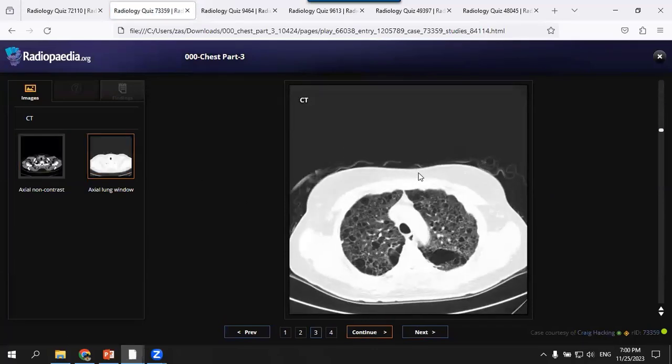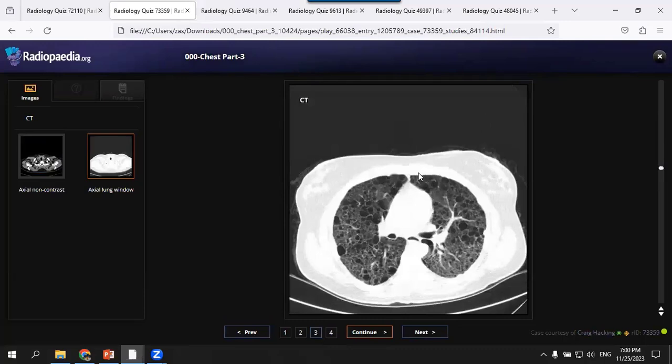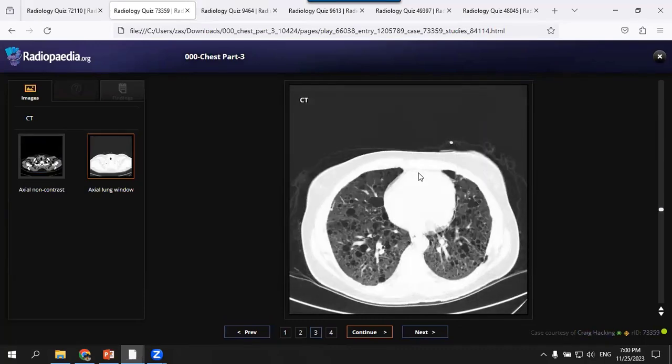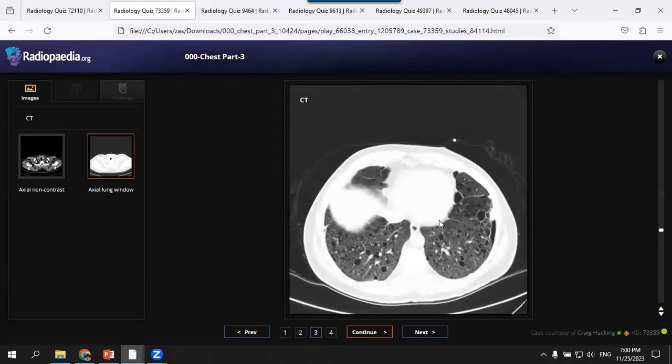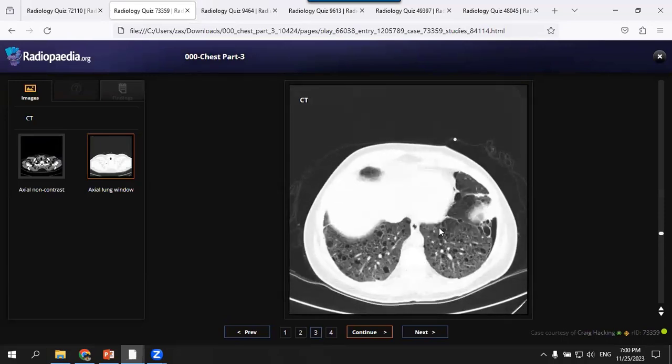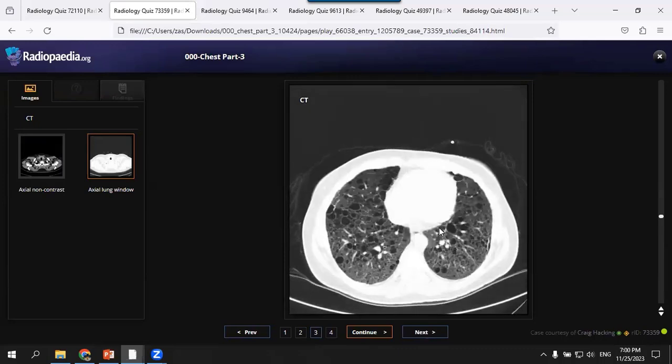I'm provided with axial CT thorax lung window images of this patient. In this, I note that there are multiple well-defined cystic lucencies seen in both lungs. Apart from that, there is also a left-sided pneumothorax.